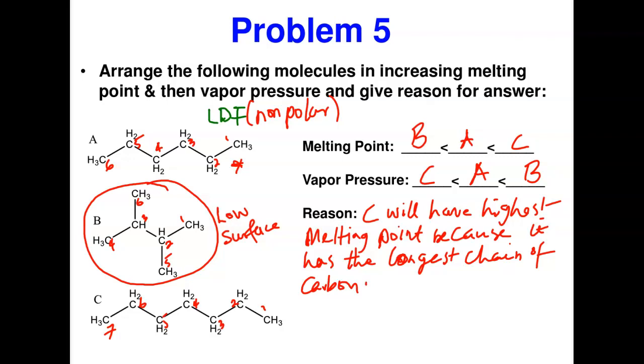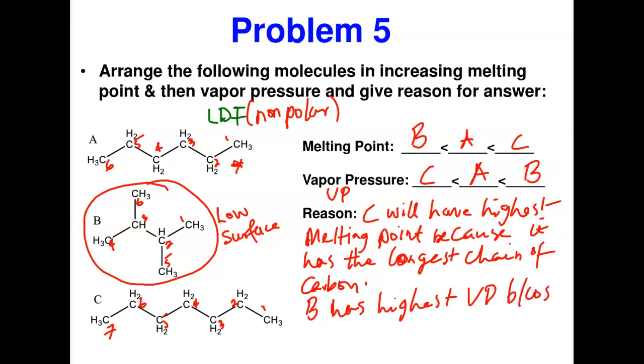And then for the second one, we know that B will have the highest vapor pressure. B has the highest vapor pressure. Let me write VP for vapor pressure.